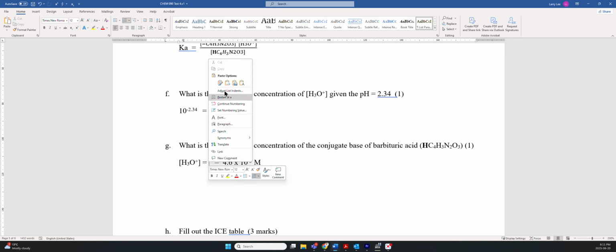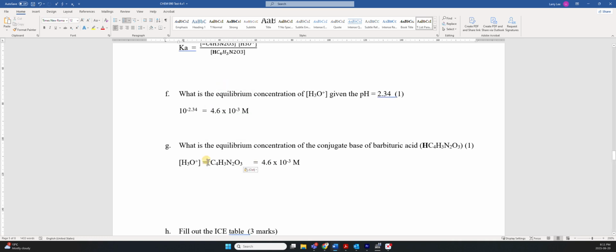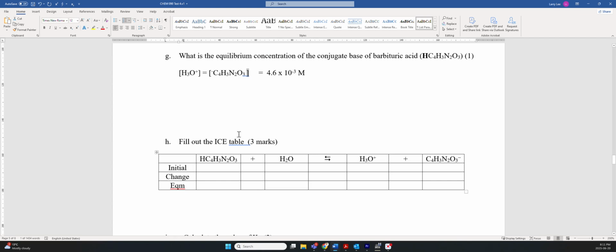Okay, so that's the conjugate base. They're equal at equilibrium. Squiggly line. Okay, and this would be an added bonus mark. I add bonus marks everywhere if there is possible.